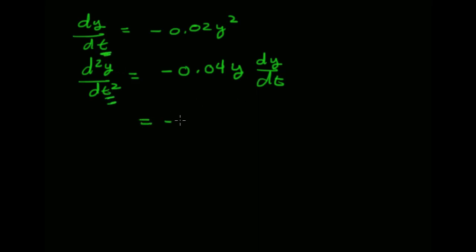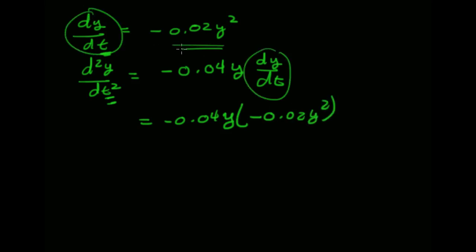Okay, so this is negative 0.04 y times negative 0.02 y squared, because that's what dy/dt is equal to. All right, so this is now positive 0.0008 y to the third.